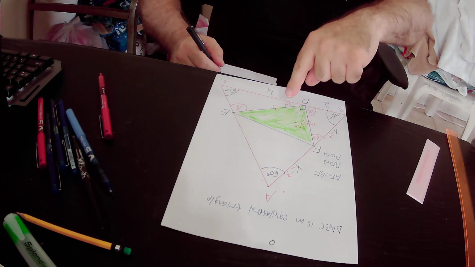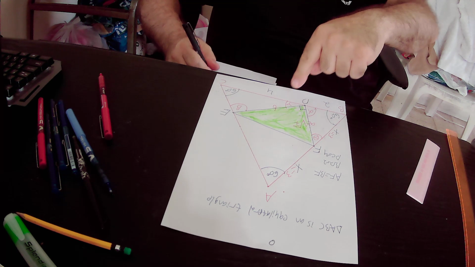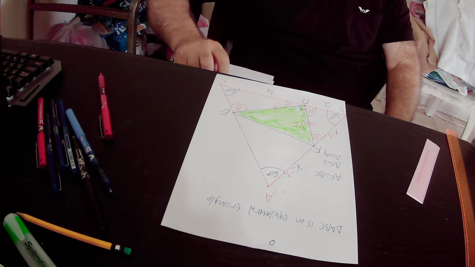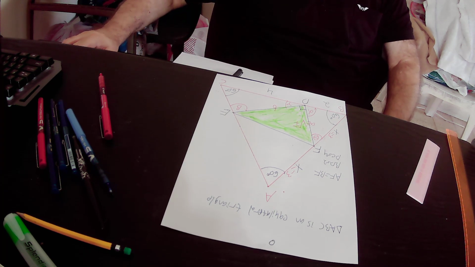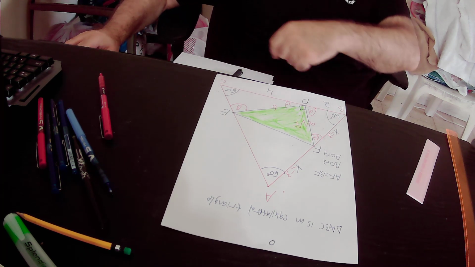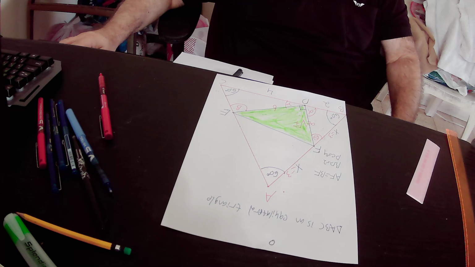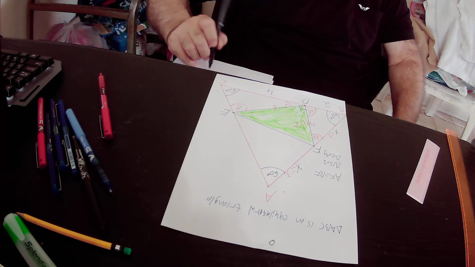DE equals b according to our definition. And the value of sin 60 degrees is root 3 over 2.